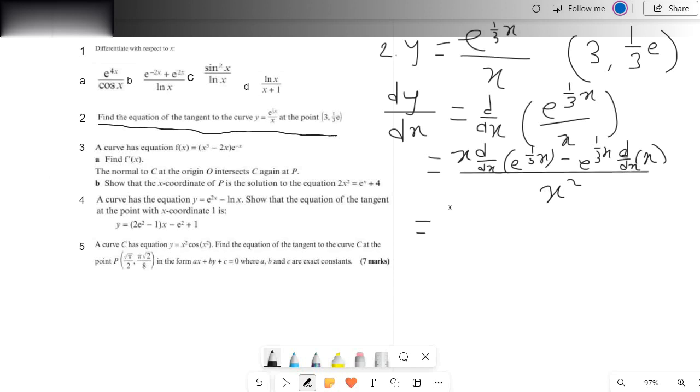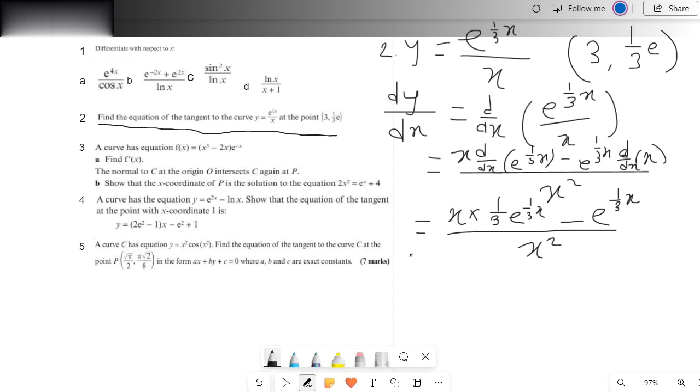So simplifying, we have x multiplied with 1/3 e to the power 1/3 x using the chain rule, subtracted with e to the power 1/3 x into 1 as the derivative of x is 1 using the power rule, and then whole divided by x squared.